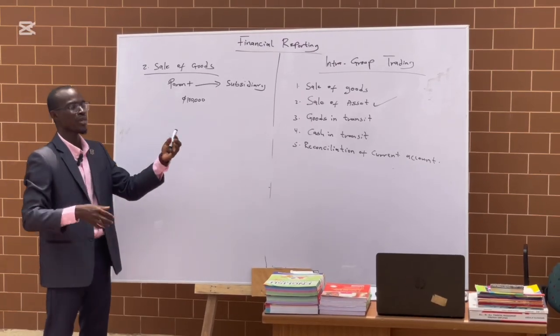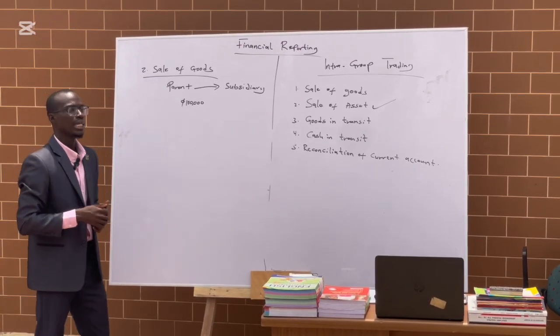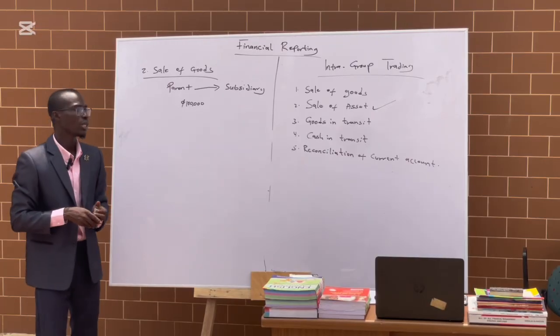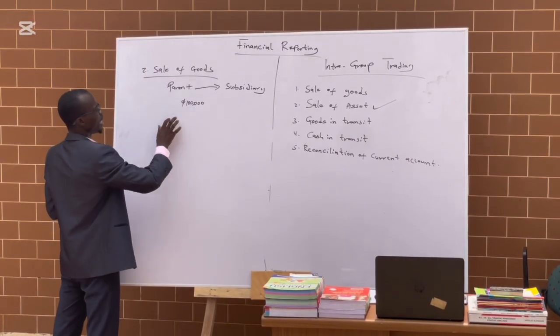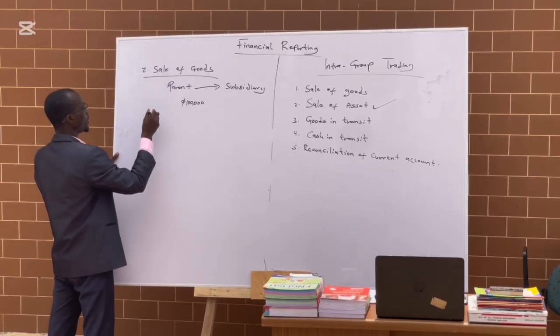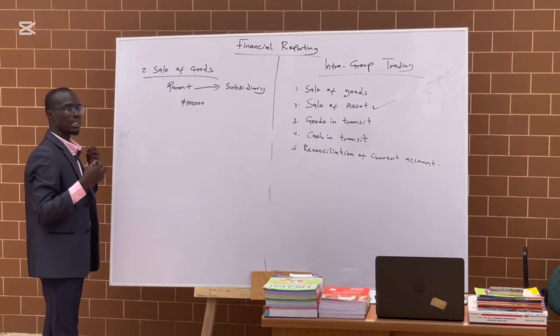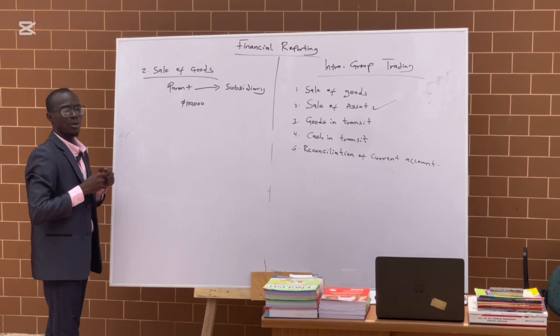The whole 100,000 is subtracted from revenue, and it will also be subtracted from cost of sales. I will show you how you do the computation when you are solving the question.